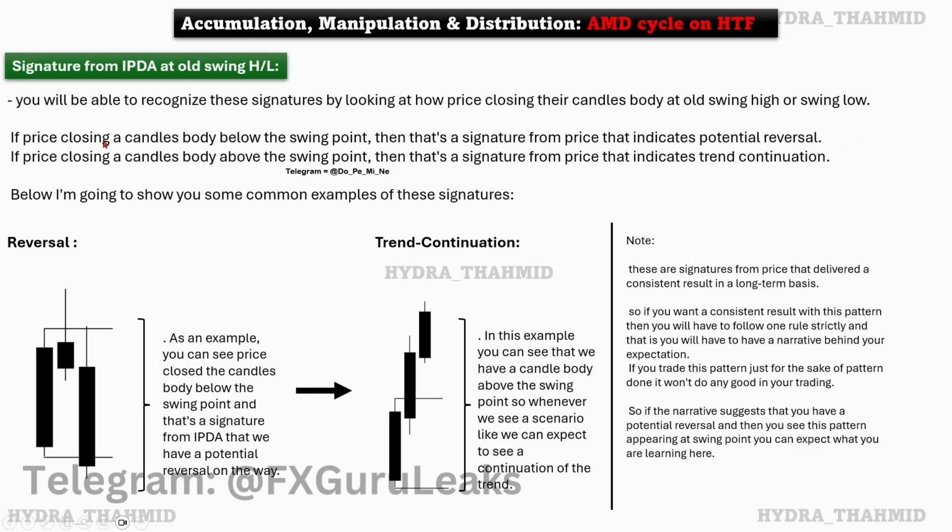So there are two ways to know if price is going to do a continuation or reversal. The first one is if price closes a candle body below the swing point, then that's a signature from price that indicates potential reversal. The second is if price closes a candle body above the swing point, then that's a signature from price that indicates a potential trend continuation.